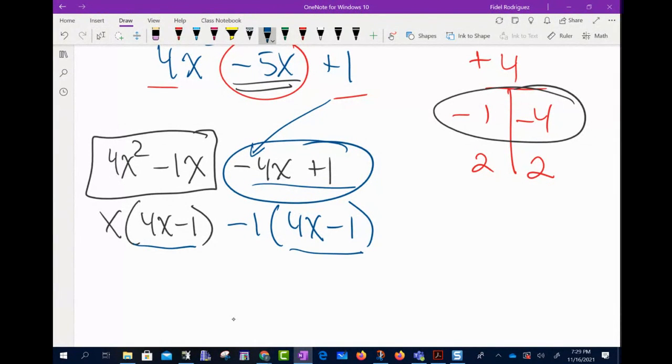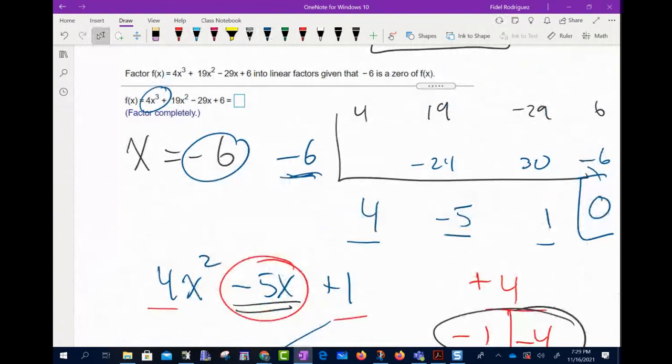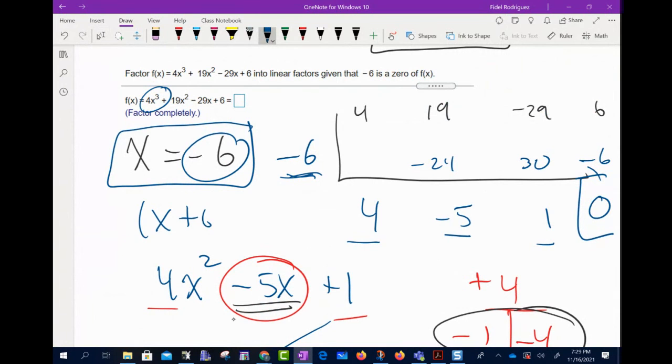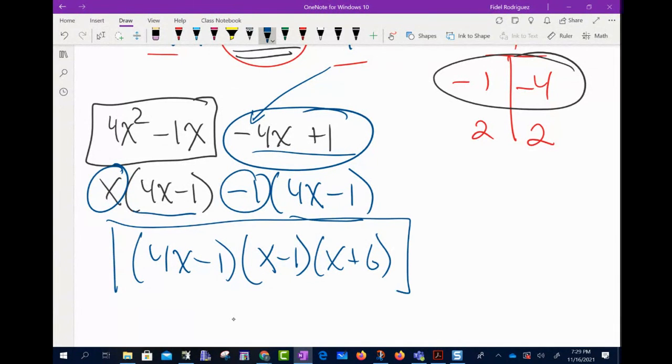Now I told you that if these two pieces match up, we're doing this right. 4x minus 1. The other factor is going to be x minus 1. And then remember earlier on, we said x equals 6 was a 0. That means the factor is x plus 6. And here it is in our factor.